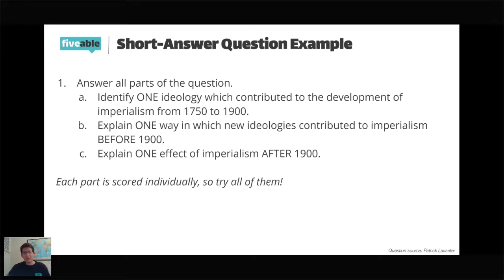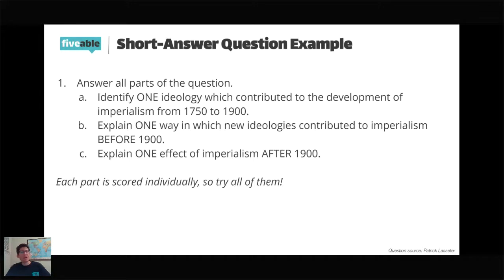You could maybe talk about social Darwinism in A, but for B, you might explain that nationalism contributed to imperialism as countries like Britain and France competed, and you could throw maybe the Netherlands in there, competed for access to markets around the world and access to resources around the world. That the nationalist drive and the pride in one's country led to an acceleration of this process. A few sentences might do it.